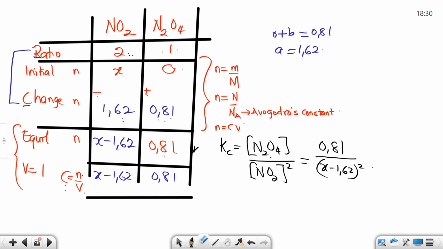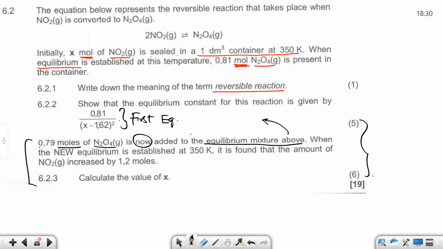Time. Ooh, I'm enjoying myself here. What do we have? It says 0.79 moles of N2O4. Please, it is moles. It's now added to the mixture. So we have disturbed the product. Hold on. Let's do something. If we disturb the product, what's my reaction? We increase this one. Where will equilibrium shift? To the left.